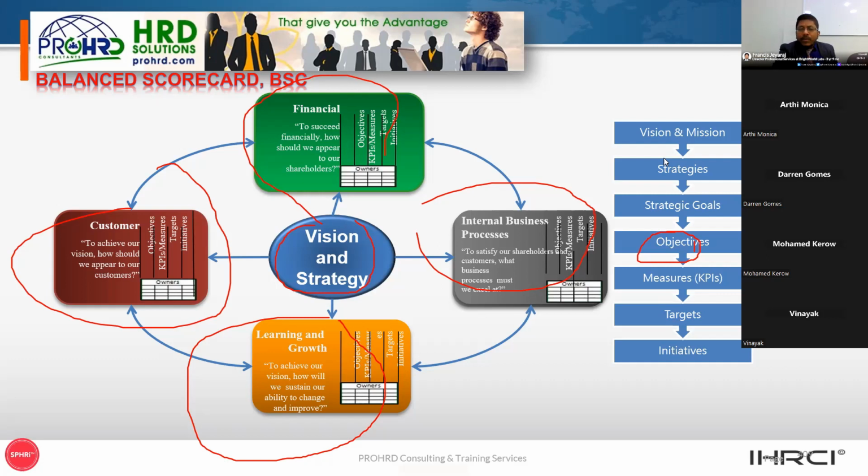Then in the KPIs, you have lagging indicators and leading indicators. Lagging KPIs are, for example, I have made some sales, and the sales figures are reported by finance in the profit and loss and also the balance sheet. They take the number and feed it in.